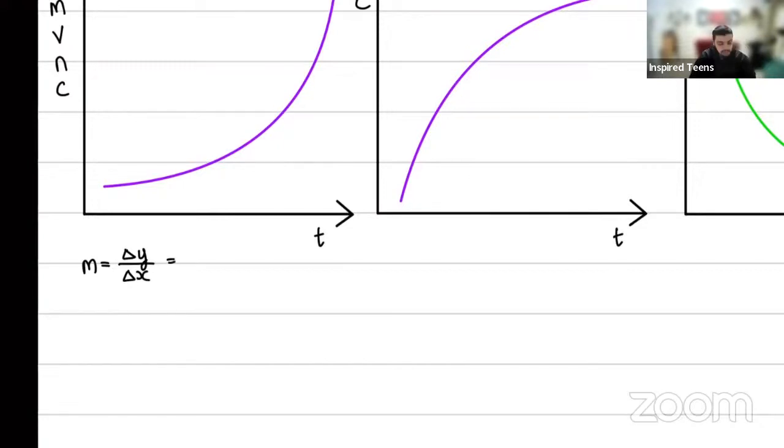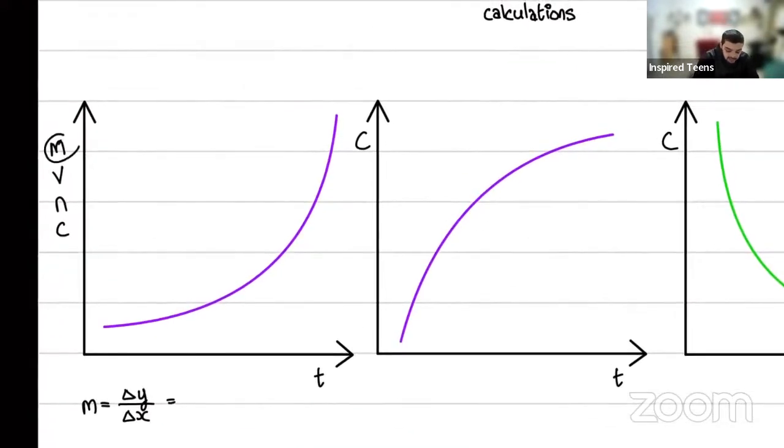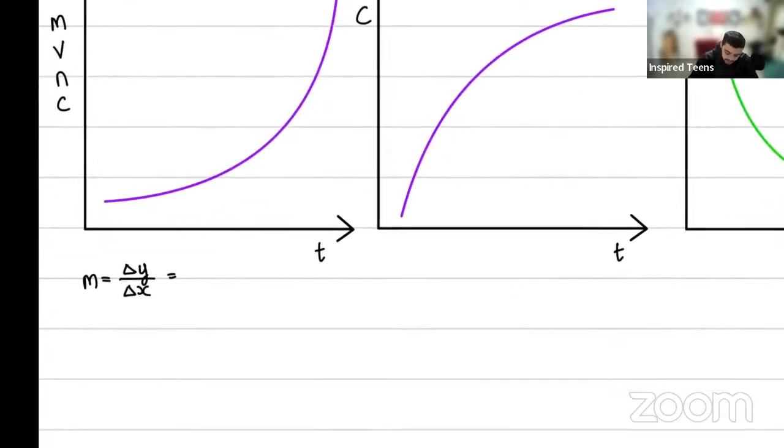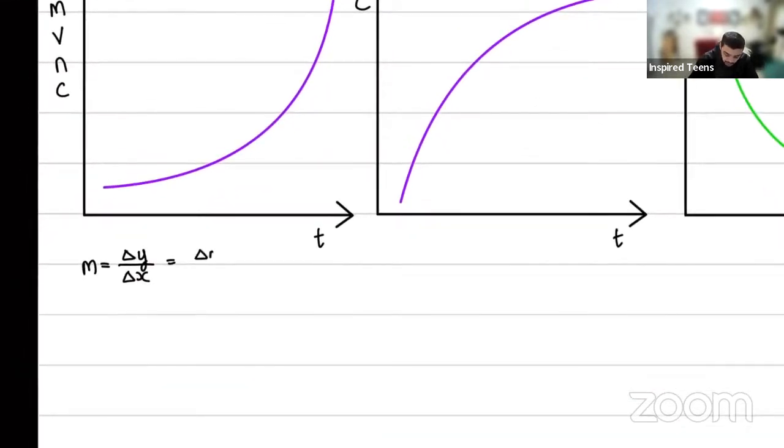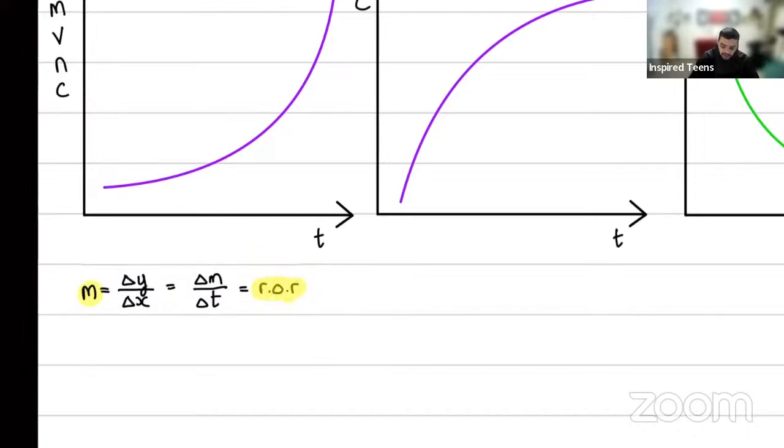So in this case, if our y is mass, the gradient gives us the change in mass divided by the change in time, our x-axis. As you can see, delta m divided by delta t is one of the options that gives us rate of reaction. So from this, we can see that the gradient actually gives us the rate of reaction.